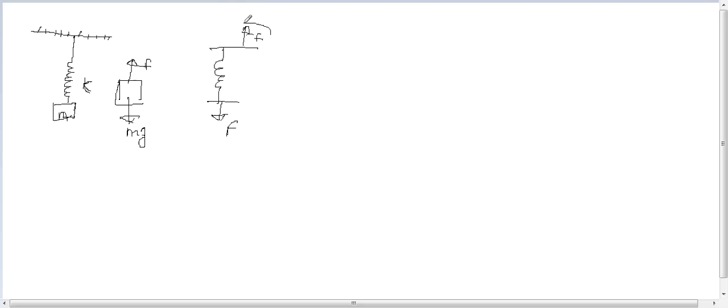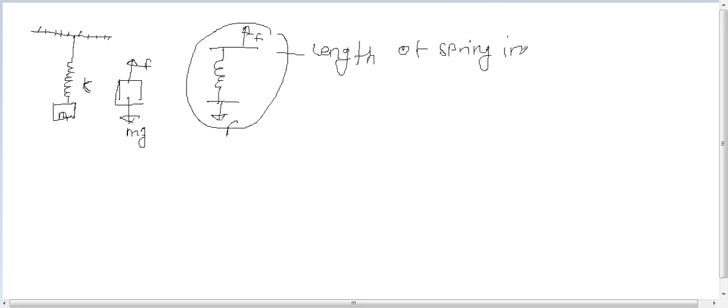This means that the length of the spring is going to increase. So mg is equal to F, and what is F?